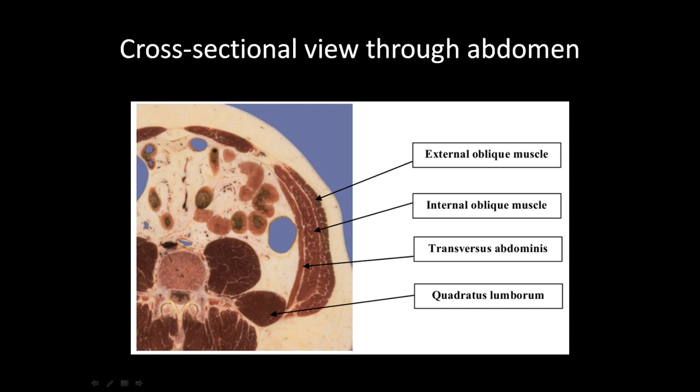A cross-sectional view through the abdomen here in this diagram shows very nicely where the muscles are situated in relationship to the vertebrae.